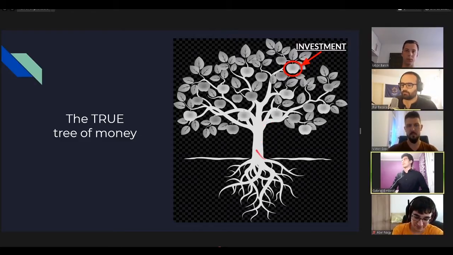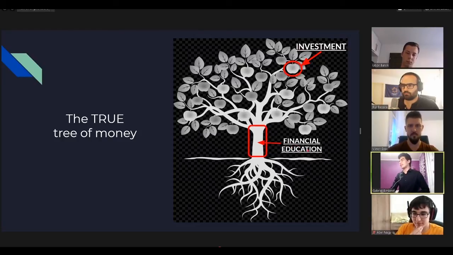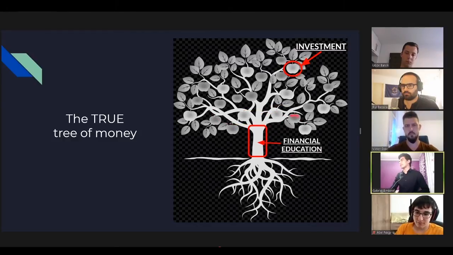And this tree body means financial education. If you have a strong financial education, you can have many apples on the tree, right? It's pretty logical. If you have a weak financial education and you have many apples, your tree is going to break and fall down.